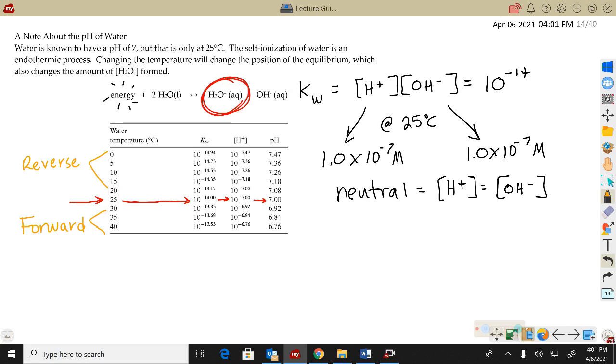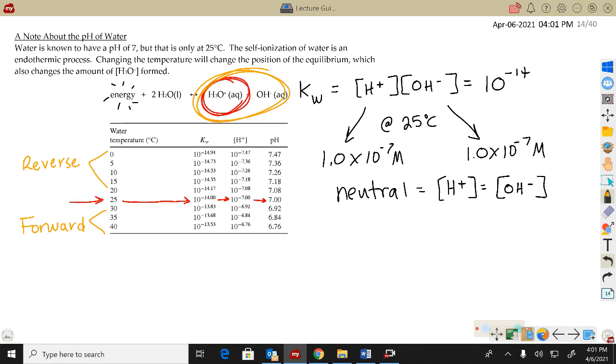But now here's the deal. Water will always be neutral, because the hydrogen and hydroxide will always be the same. Whether I'm shifting forward or reverse, I'm always going to produce these in a 1-to-1 ratio. If I'm shifting reverse, they're both going to decrease, but at a 1-to-1 ratio.